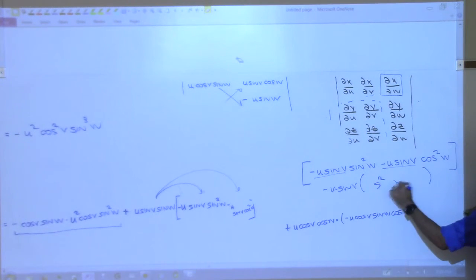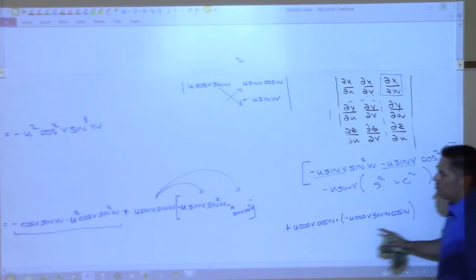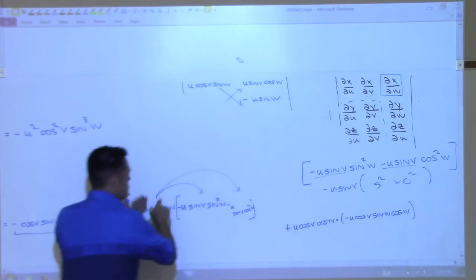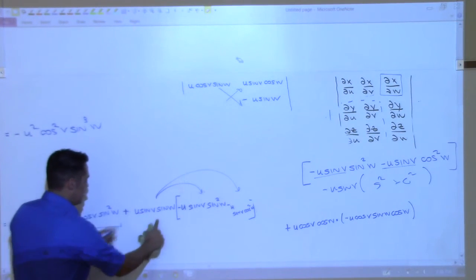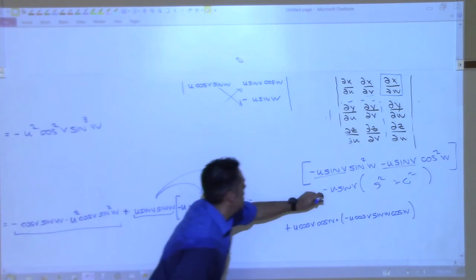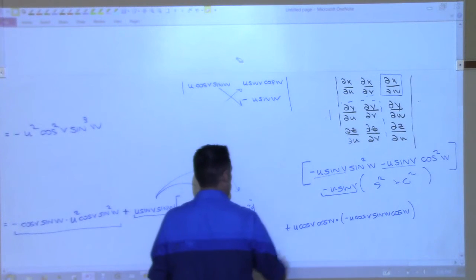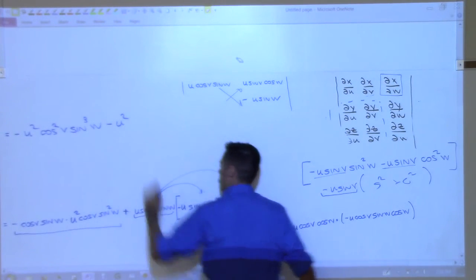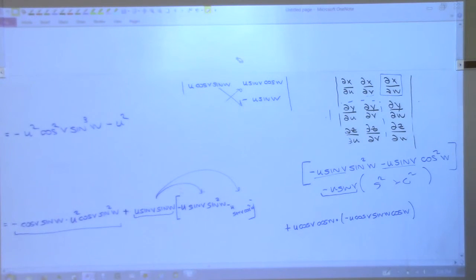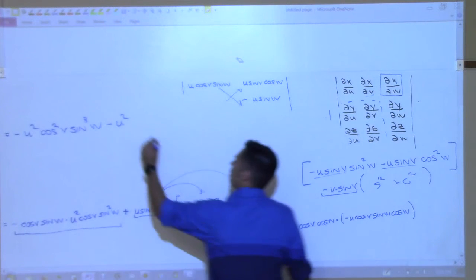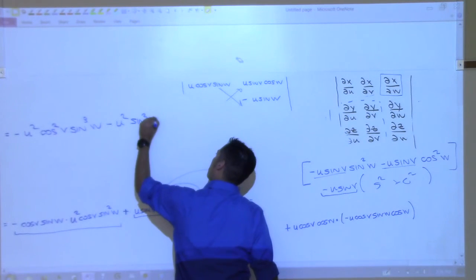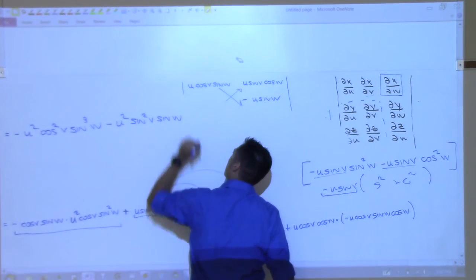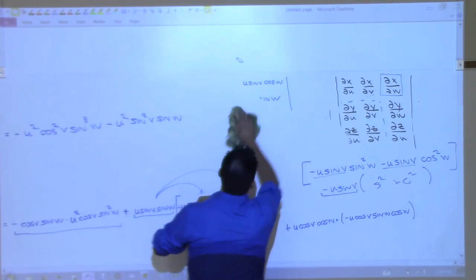Sine squared plus cosine squared of w, and that would be a 1, wouldn't it? So I'm actually not going to distribute this through to both. I'm going to just take this and multiply it times that, which would give me a minus u squared sine squared v sine w. We're almost there, and yeah, I still got time.